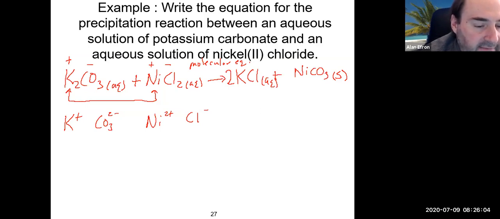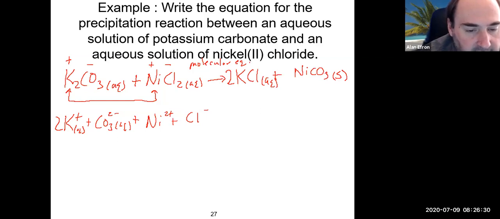Now, since I sort of have it halfway done, we'll just continue on just to make sure about the other stuff that we talked about. We can go through this and break it apart into this total ionic equation. So the 2 that's here would come to the front here. We would have 1 carbonate. This guy here would also break apart, and we would have a nickel.